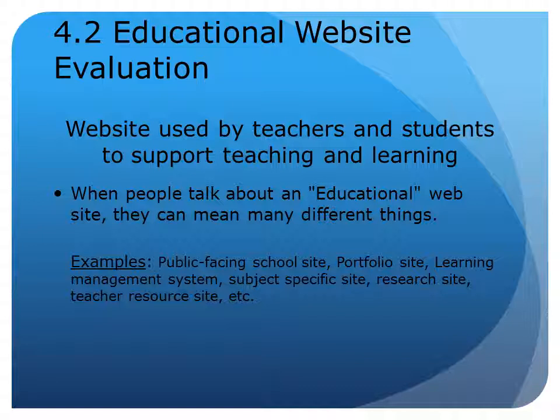Because of the sheer amount of educational websites that are out there and available to teachers, the task of choosing quality websites can be an overwhelming and quite possibly daunting task. So it is important as we try to choose the best possible educational resources or websites for ourselves and for our students that we have in the back of our mind a set of criteria to help us in wading through what is quality and what is not quality.